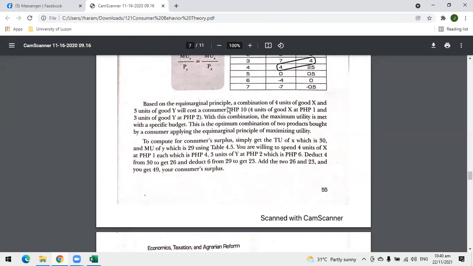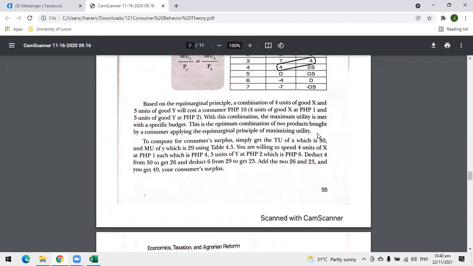It will not fall into the indifference curve we computed earlier. At the same time, it also does not fall into the budget line, because it pursues a different principle here. The budget you compute here is also different, because it is 10 pesos. So this is the optimum combination of two products bought by a consumer applying the Equi-marginal principle of maximizing utility.